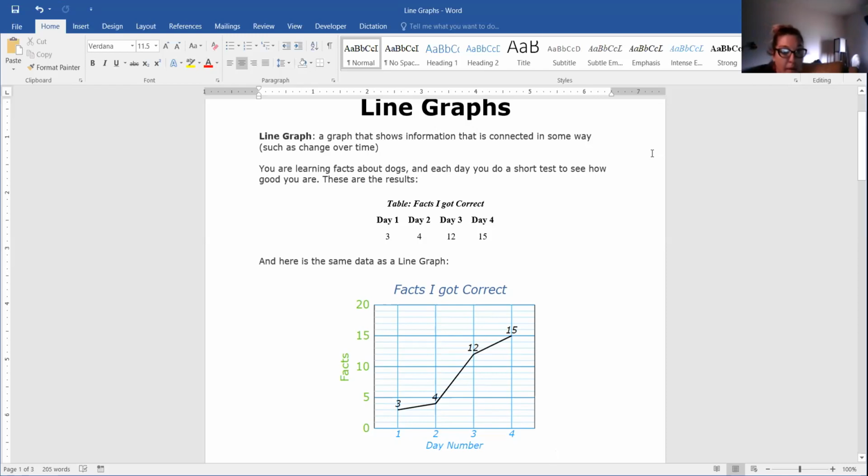We see these a lot. In fact, there is a line graph that I put into my discussion post that you'll see when you read my post.